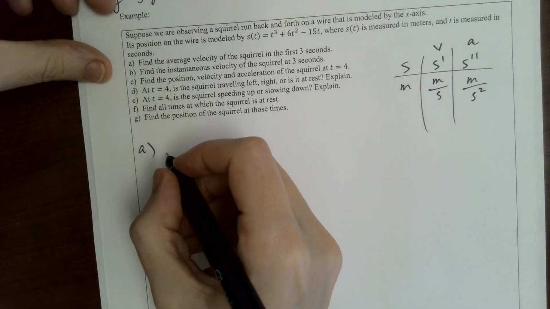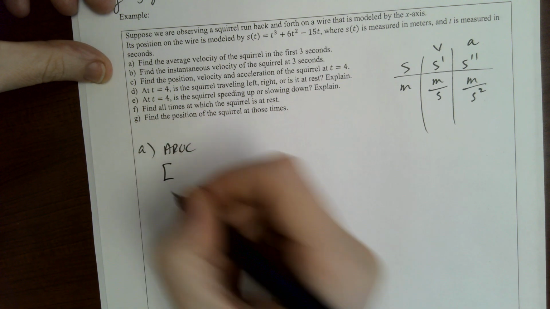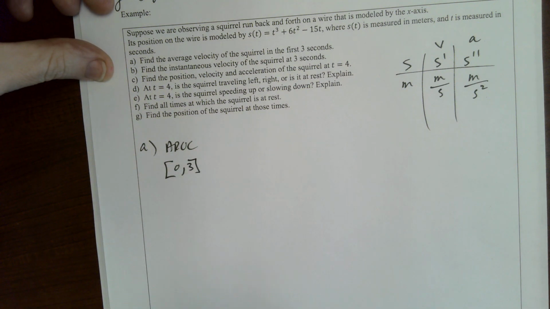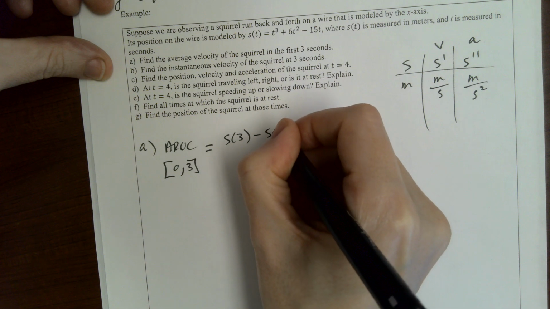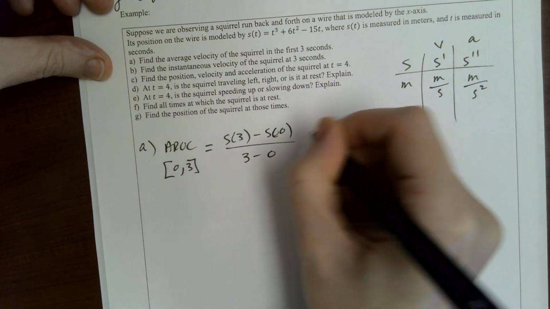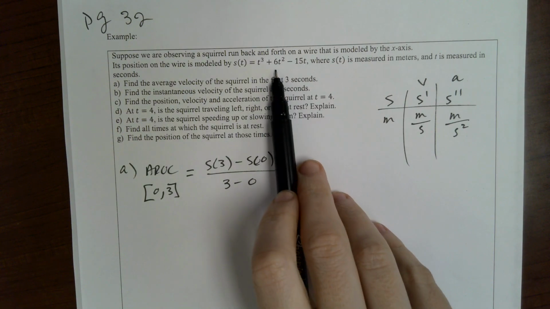So we're going to do AROC in the first 3 seconds, which is from 0 to 3. AROC on 0 to 3 is S of 3 minus S of 0, over 3 minus 0.